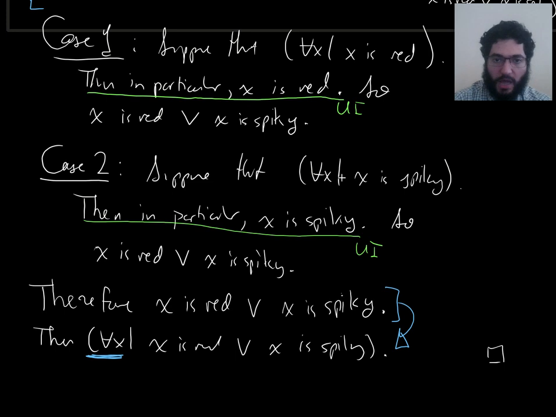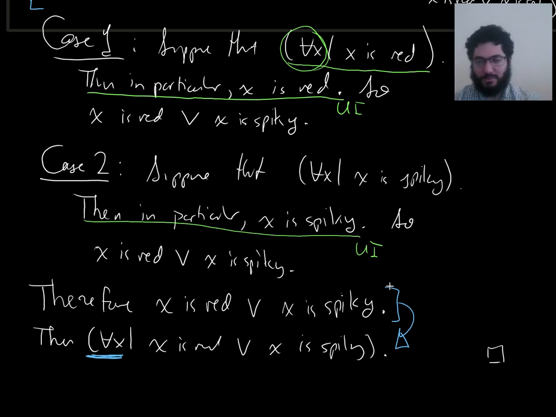Similarly, look at the effect of UI. It has this effect of deleting a universal quantifier, right? It took this, everything is red, and then it went to X is red. So it deleted this. So this is one way to view UG and UI: UG creates a universal quantifier and UI removes one.